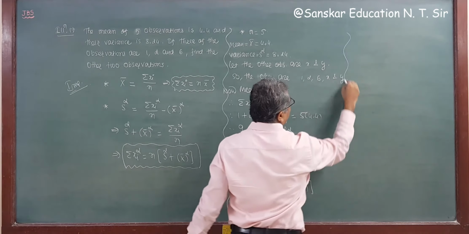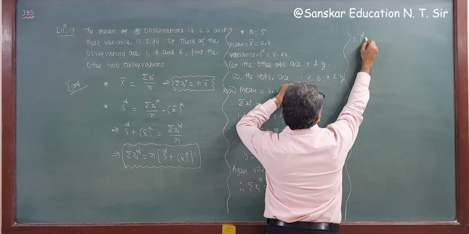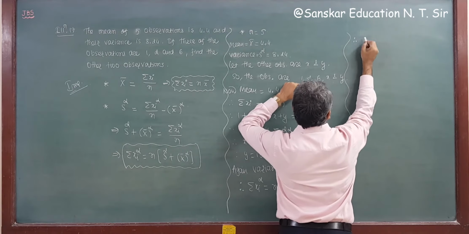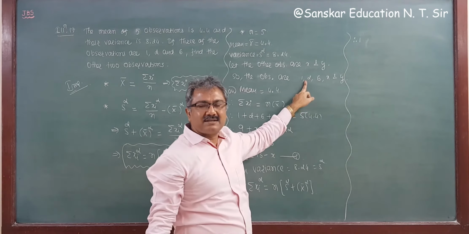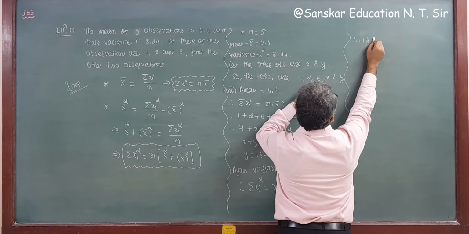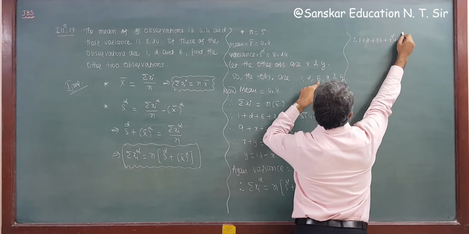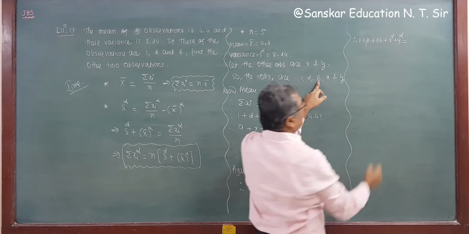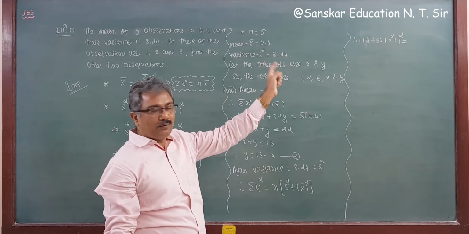So the sum of the squares of these observations: 1 square is 1, 2 square is 4, so 1 plus 4 plus 36 plus x square plus y square is equal to the sum of the squares of the observations.